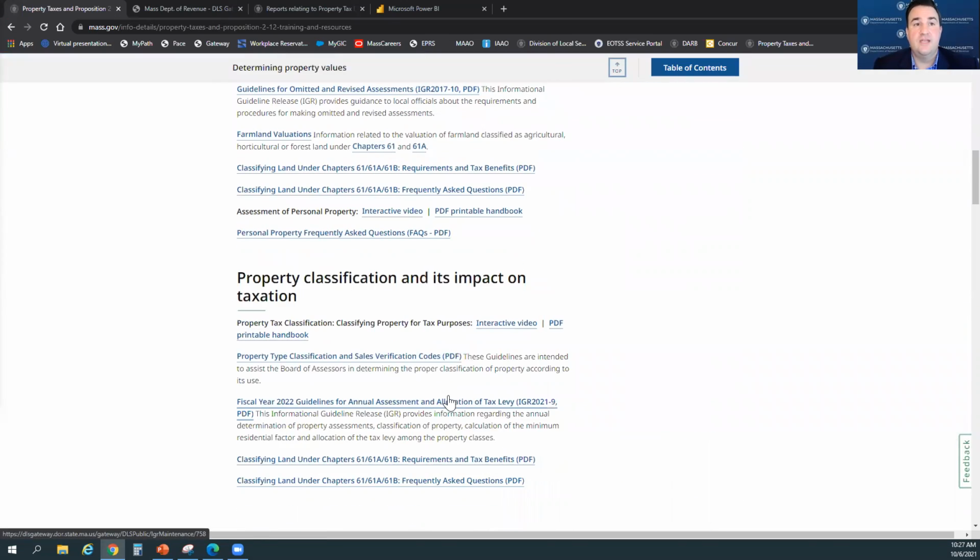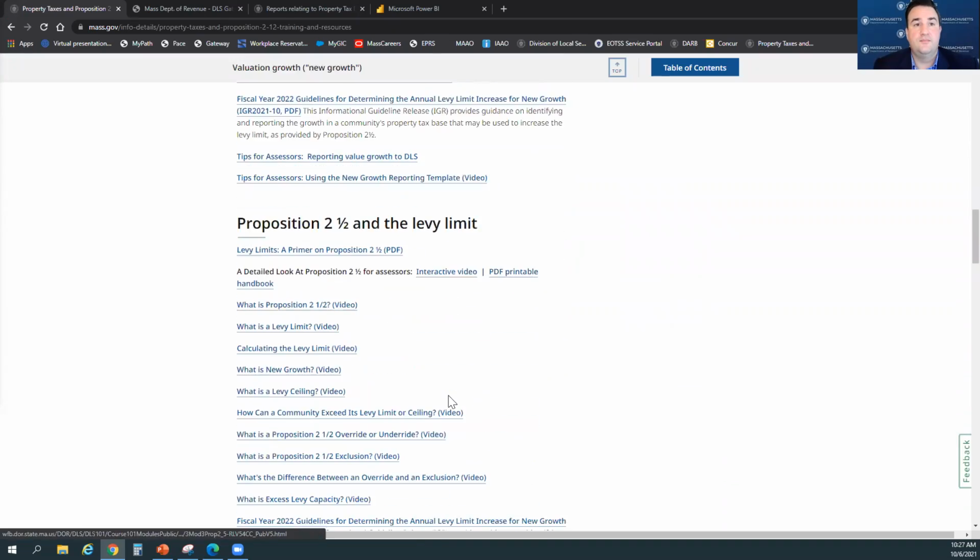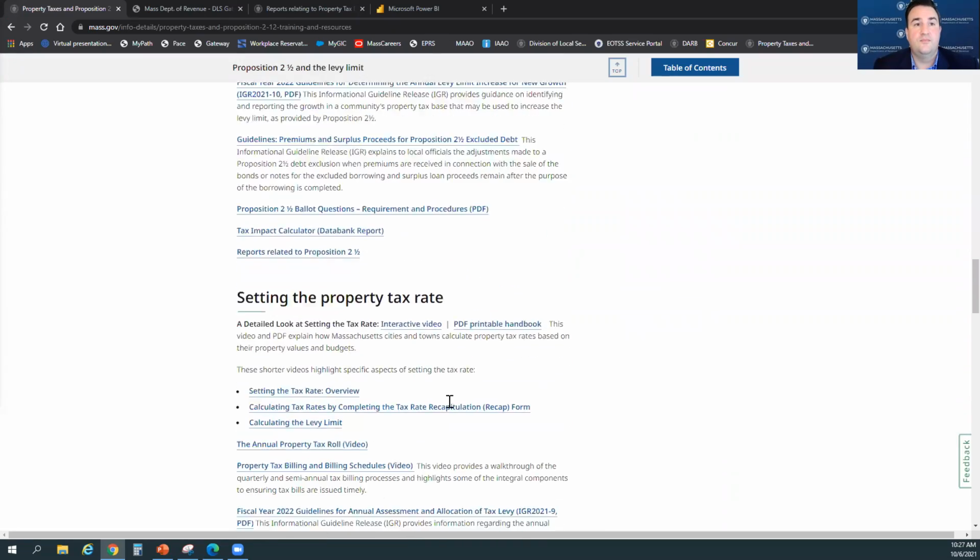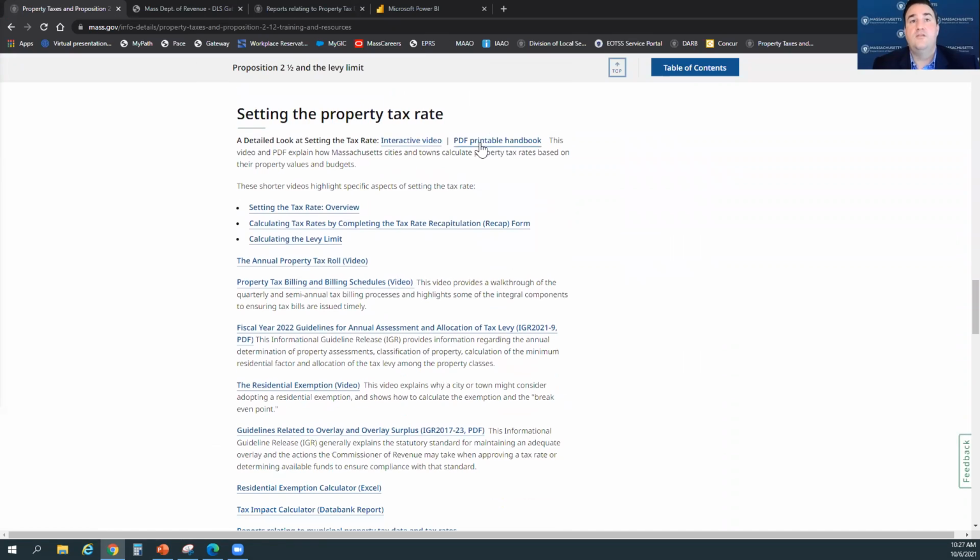So if you scroll down to the bottom, what you'll find is all these different resources, whether it's videos, handbooks, or different sheets. All of these components will really help you with setting a tax rate, but also understanding the process.